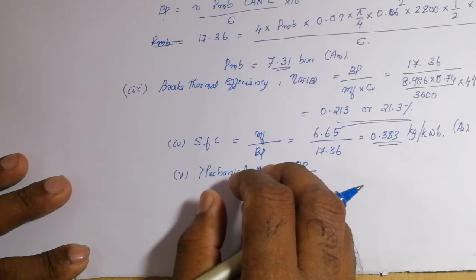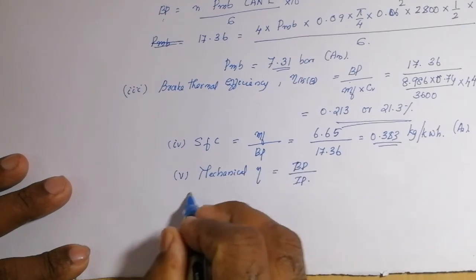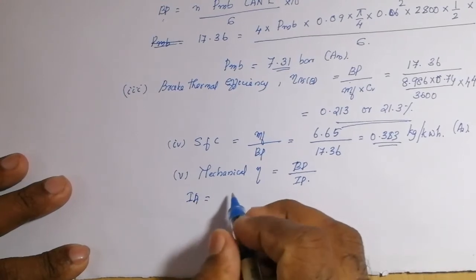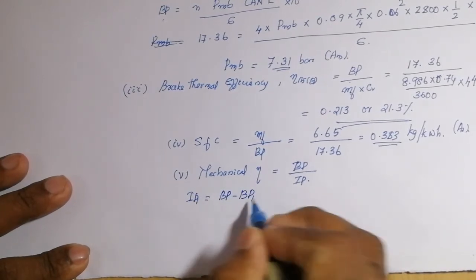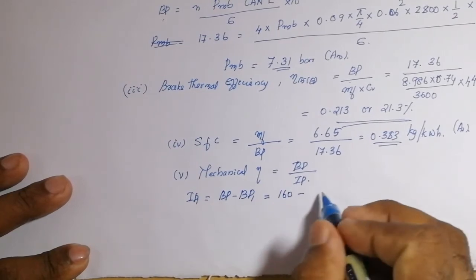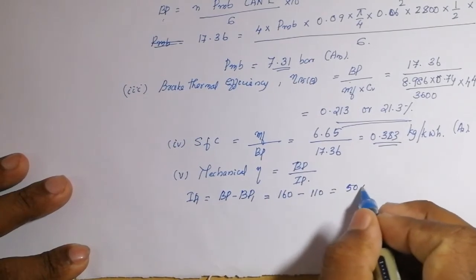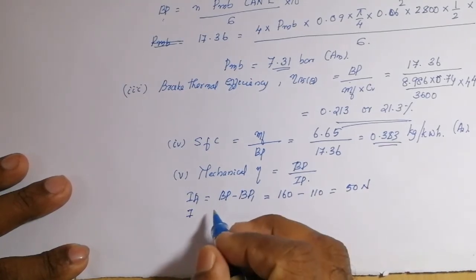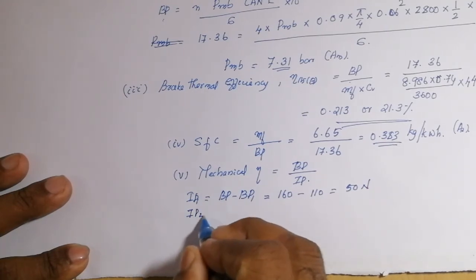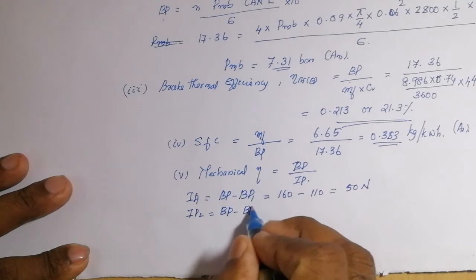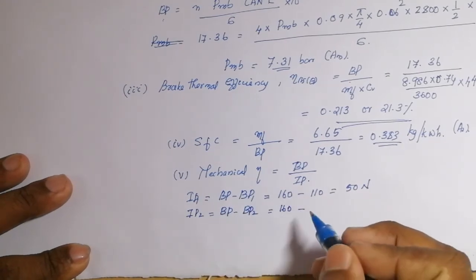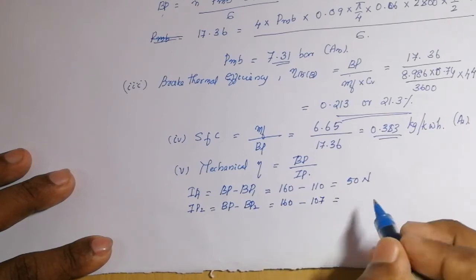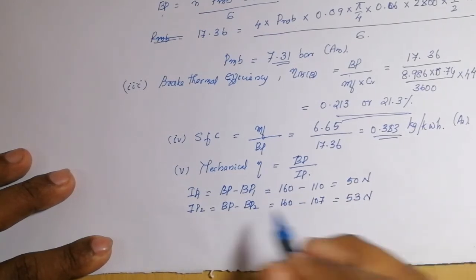Then they give the torque loads at each cut, in order: 110, 107, 104, 110 and so on. So IP1 is equal to BP minus BP1, that is 160 minus 110, that is 50 Newton. That is the torque load. Then IP2 is equal to BP minus BP2, that is 160 minus 107, that is 53 Newton.